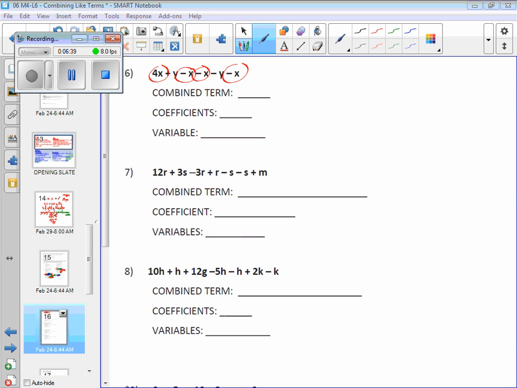So far, this. Okay, how many y's do I start off with? Take away. Gone. It was there, now it's gone. Only thing that's left is x. Coefficient is 1, variable x. Okay?